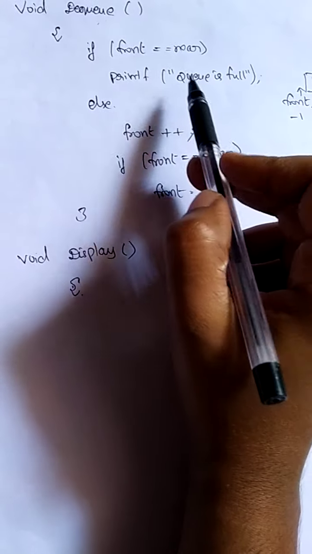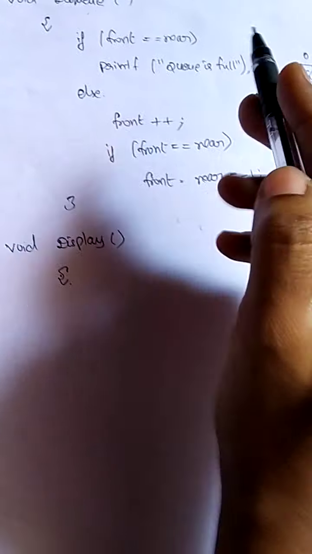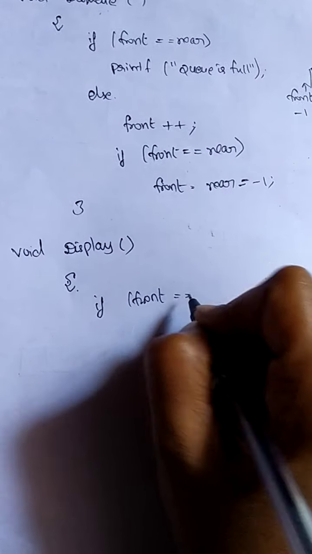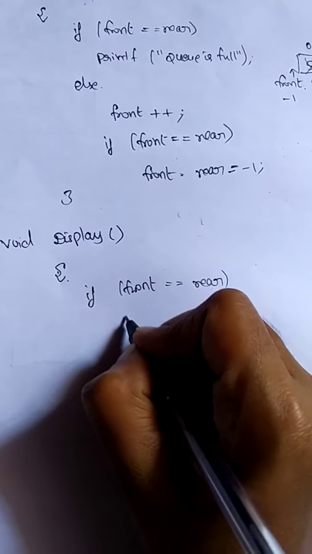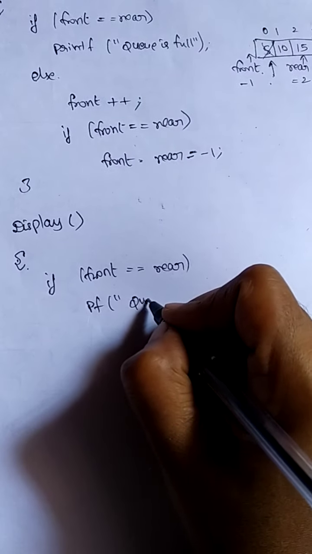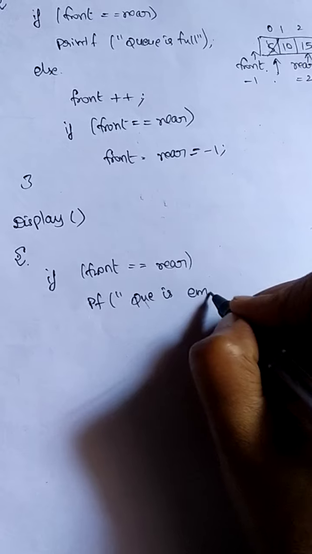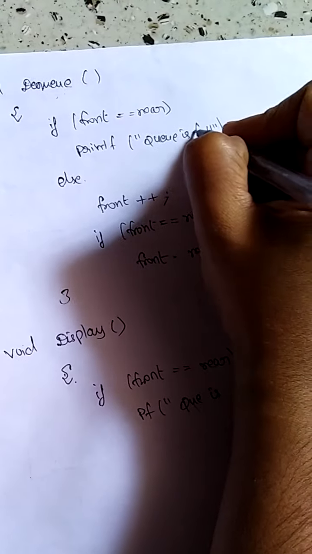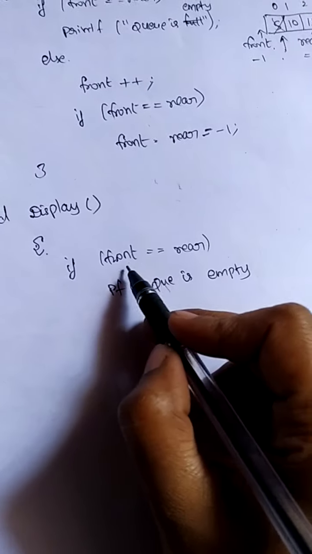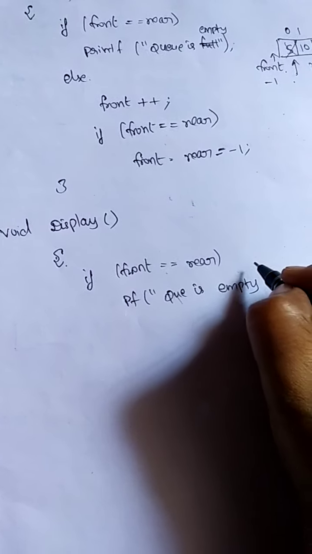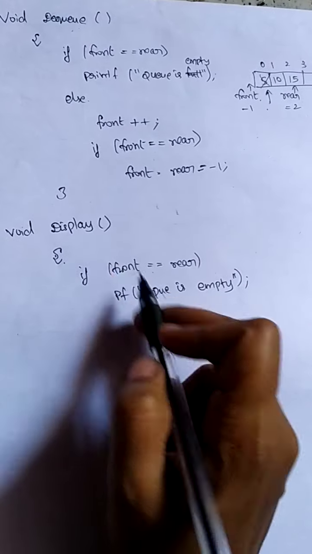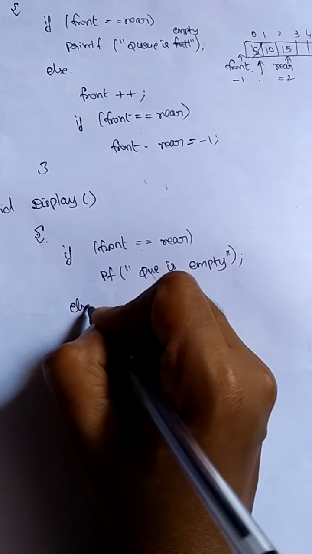So the same condition, I can check: if front is equal to rear, then printf queue is empty. Sorry, here I have mistakenly put full instead of empty. So whenever the front is equal to rear, then the queue will be empty. So if the queue is empty, I can't display anything, right? So in the else part, how can I display?